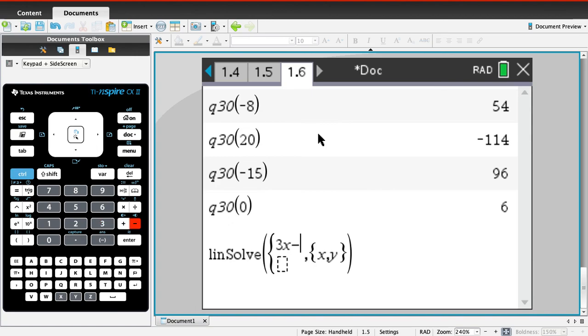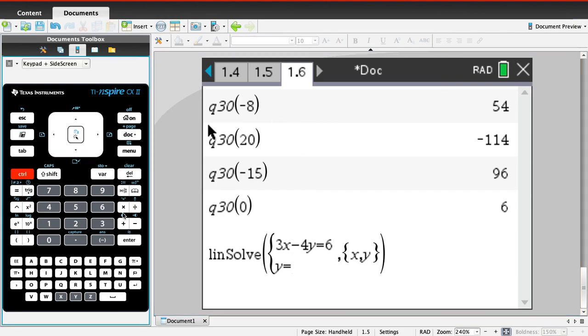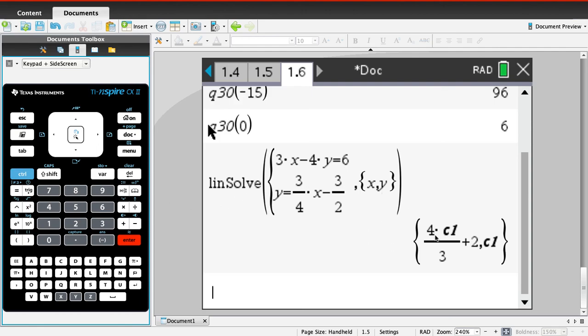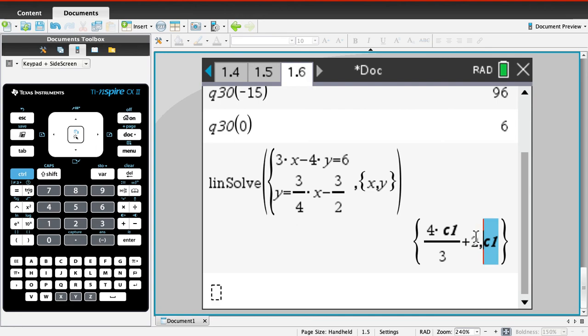I'm going to put in the original equation, and I'm going to put in what I changed it to. And look at that, I got a C, meaning this is correct. They are exactly the same.